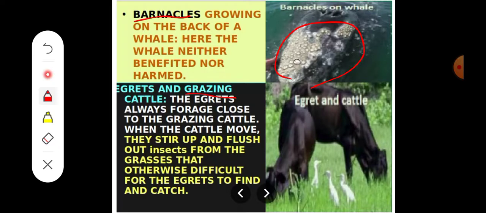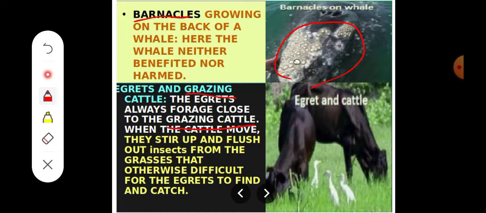When these cattle eat their food, these insects will come out from the soil. So the egrets always forage close to the grazing cattle. Forage means they will be seen close to the grazing cattle to take their prey. And when the cattle move, they stir up and flush out insects from the grasses.